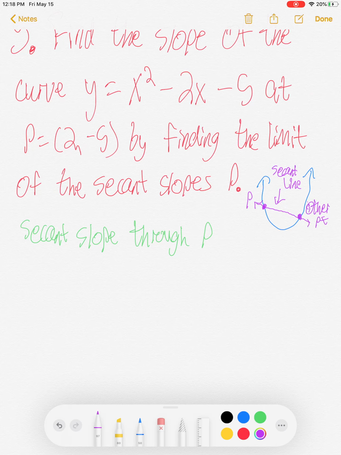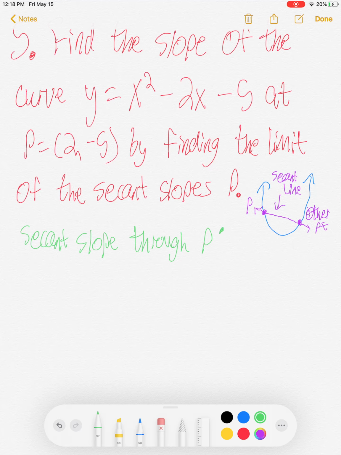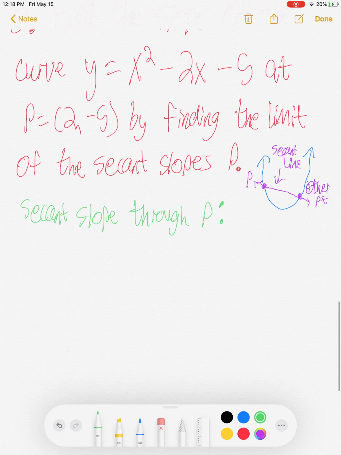So the secant slope through P, just like before, is going to be given again by change in y over change in x. Let me write the secant slope through P, and we'll call our other point 2 plus h.